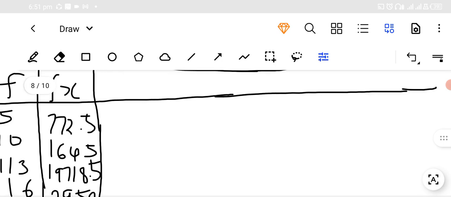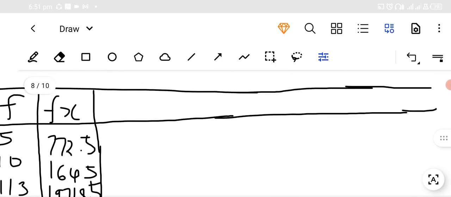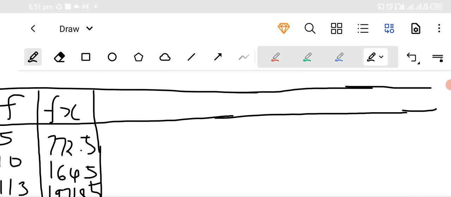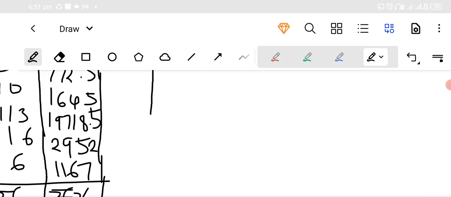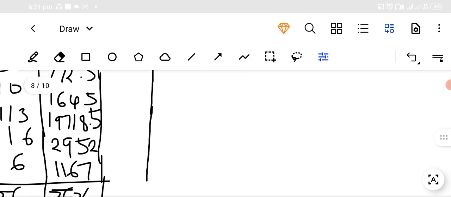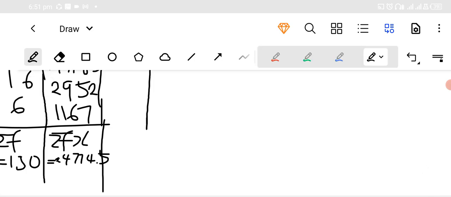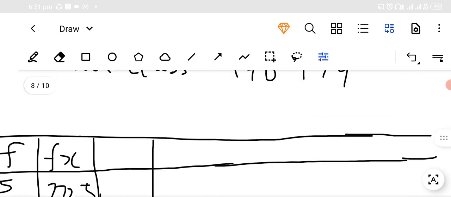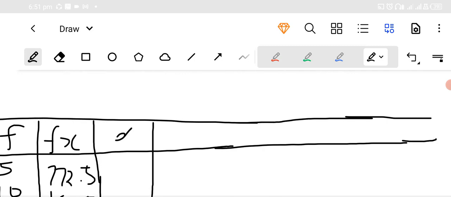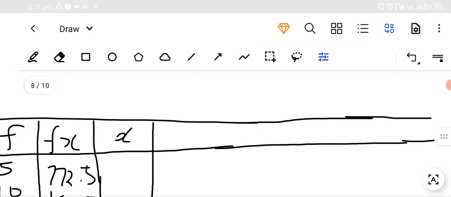Okay, so then the next column will be to find the mean, represented by x bar. X bar is 24,774.5 divided by 150. Let's correct it to three significant figures.